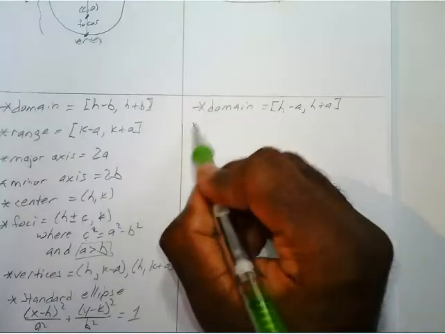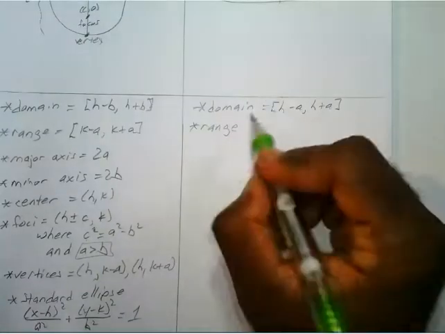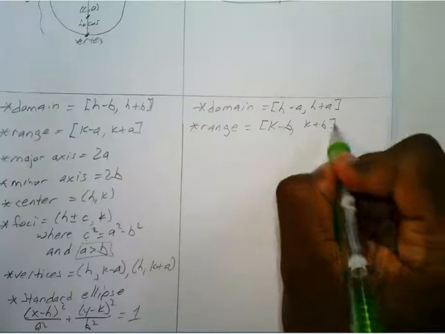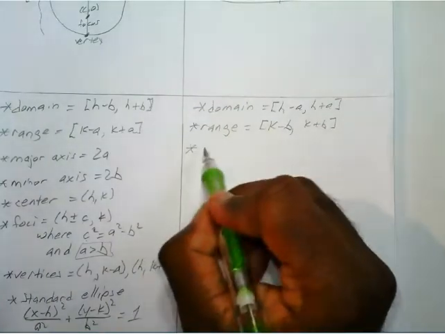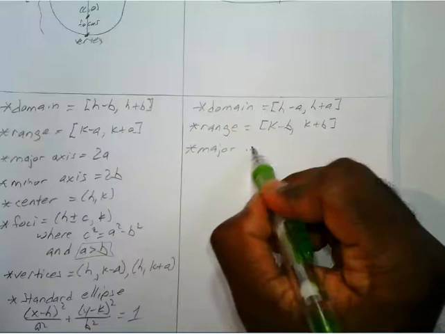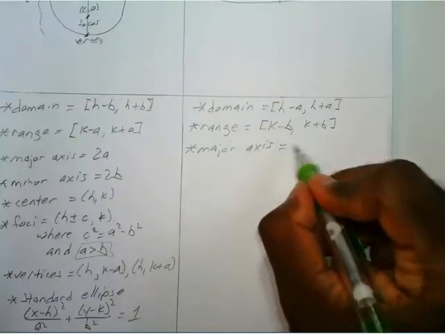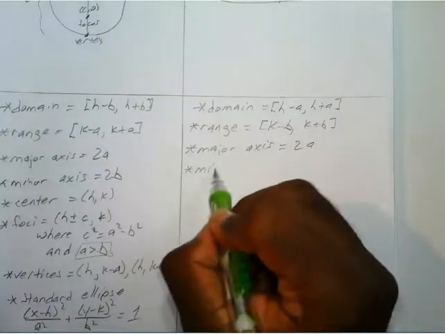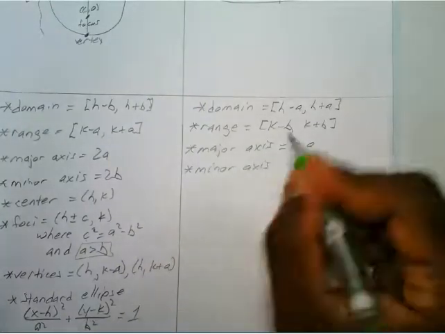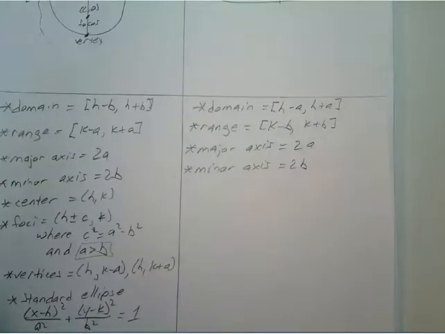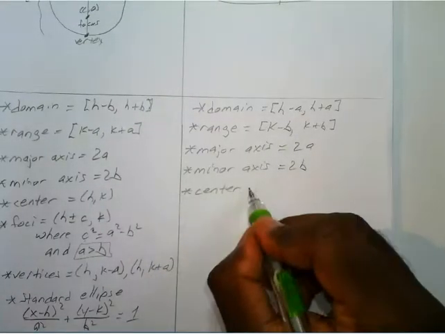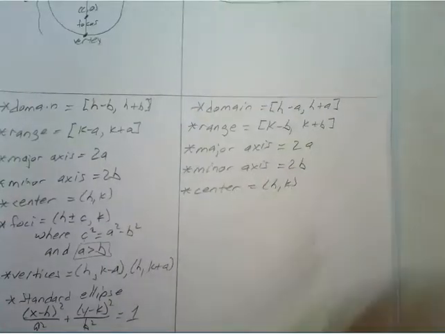Your range is going to equal [k minus b, k plus b]. Your major axis is going to equal 2a. Your minor axis is going to equal 2b. Okay, your center, just like before, is going to equal (h, k).